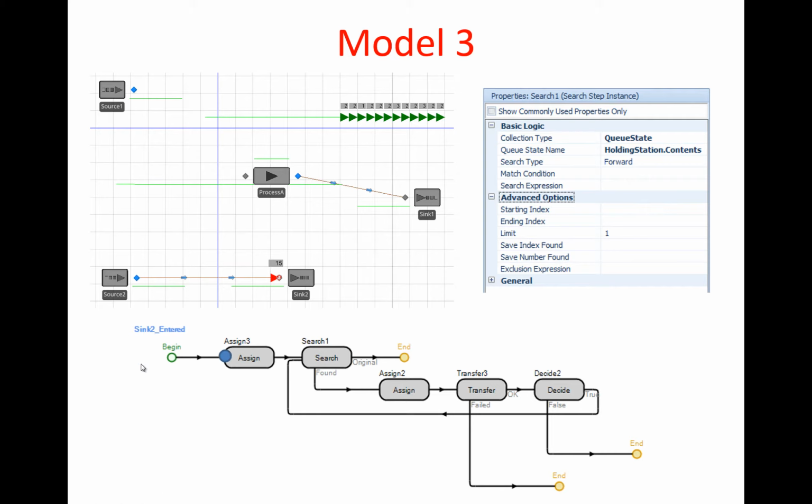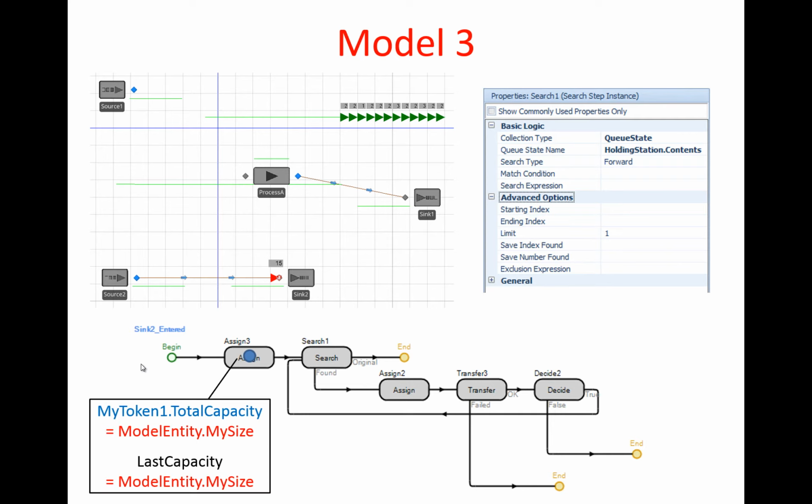So when I execute this process, the first thing I do is make an assignment. In this assignment step, first I set the value of my token1.total capacity to the model entity.mySize, in other words, to the limit or the size of this model entity.